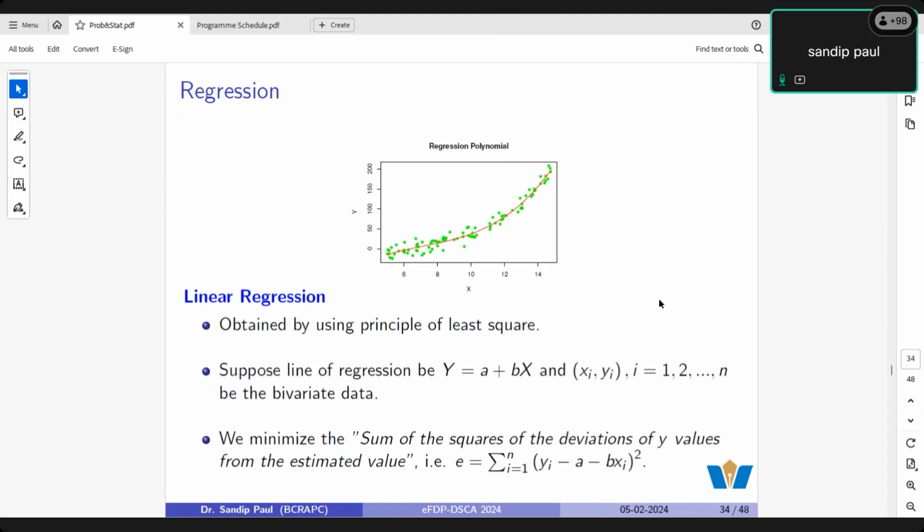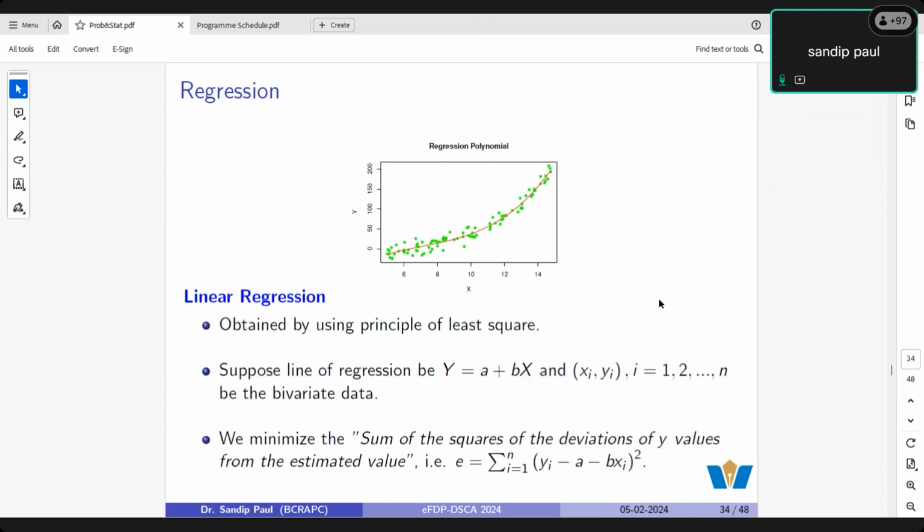I am not going into the rule right now, but if we are able to draw such a line or curve, it is called a regression curve. By checking the regression curves, we can understand the data pattern, or the relationship between the data.